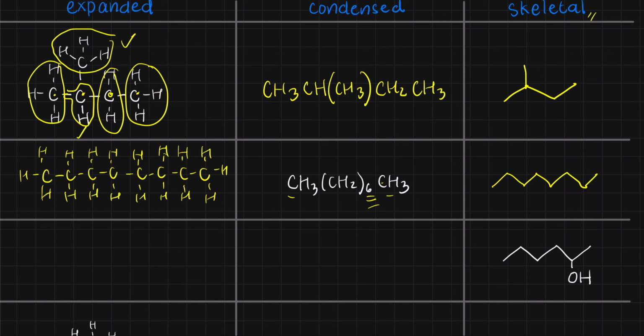Now let's go to the third one here. I have here a different atom this time, which is OH. And we're probably going to start at the expanded since it's easier to visualize. I have 1, 2, 3, 4, 5, 6 in a straight fashion. And then the fifth carbon has this OH.